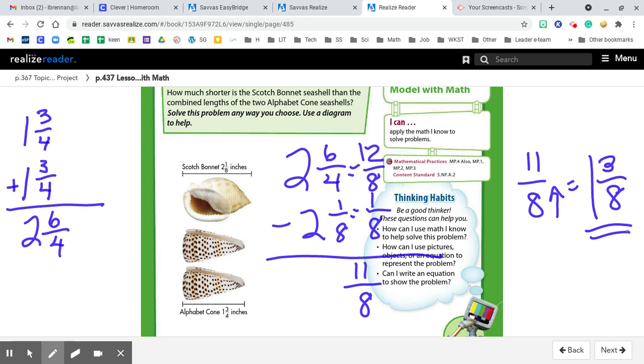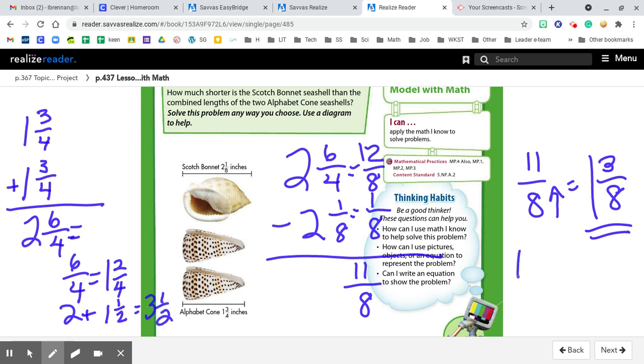And if we want to draw a problem, we can say this guy over here too, if you like to write him 6/4, you can also write him as 1 2/4, which is 1 1/2. 2 plus 1 1/2 is 3 1/2.